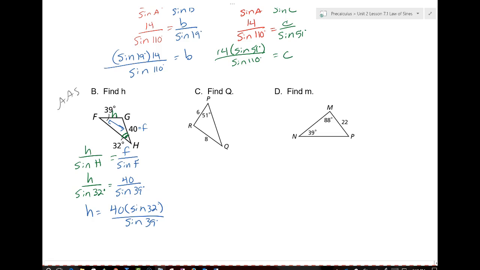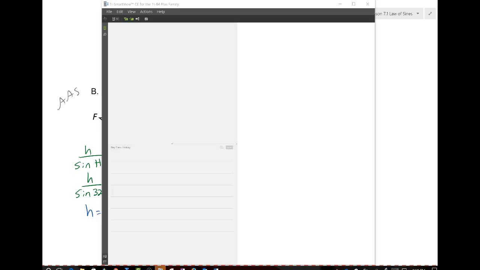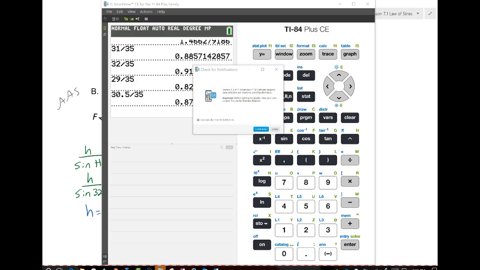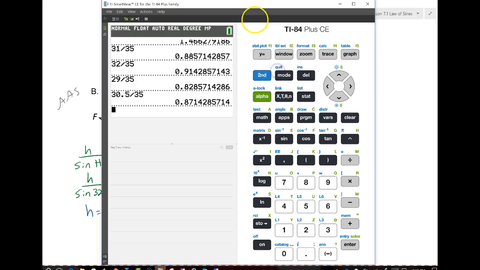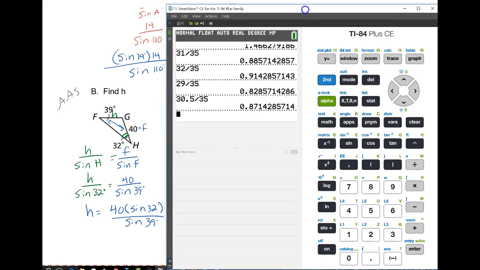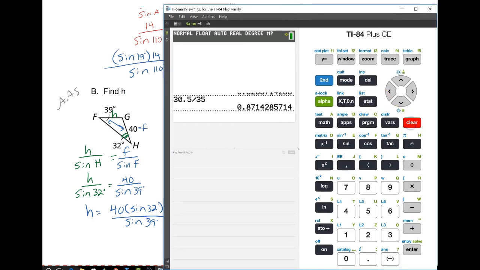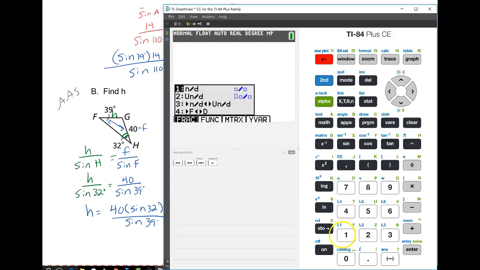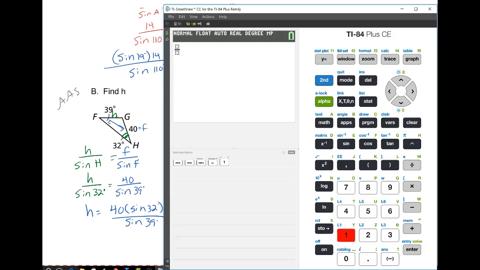Here's my thing with the calculator. I would put it exactly as you see it on your piece of paper. So if I was doing this, I'm going to clear my screen, go alpha y equals, go number 1, and literally go 40, and then go sine 32, close it, over sine 39.